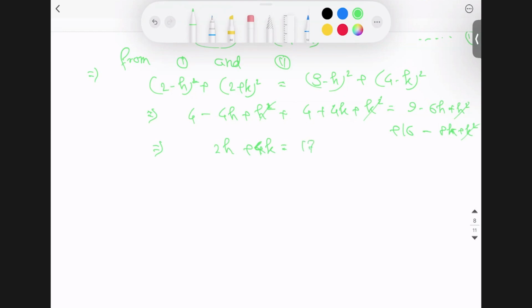I hope I am correct. Okay. So 2h plus 4k equals 17.